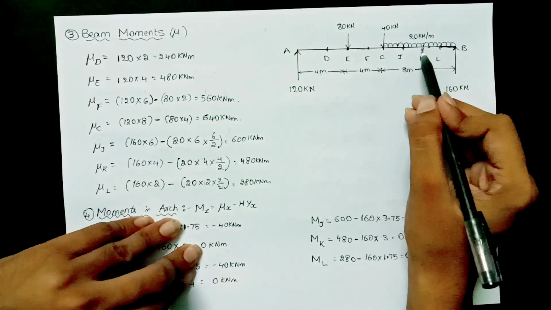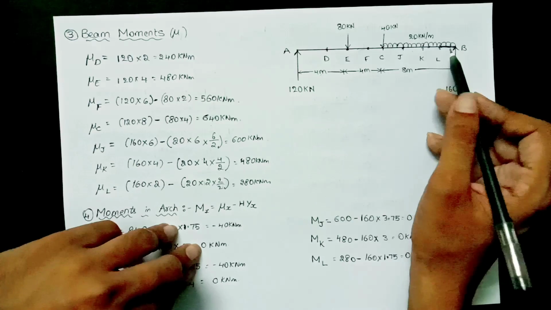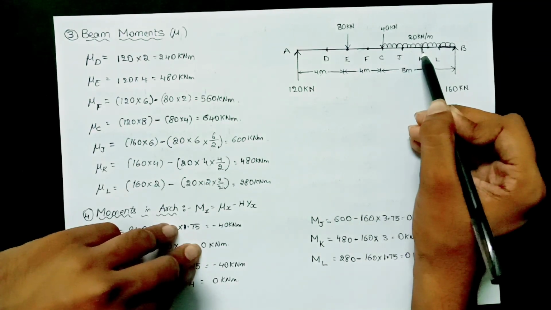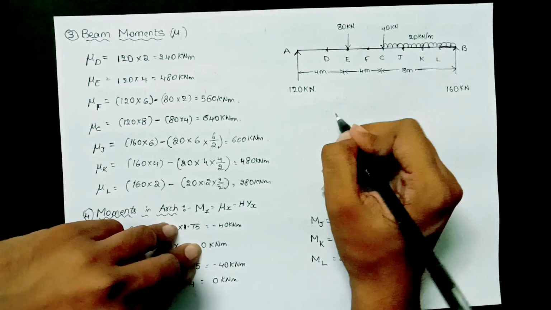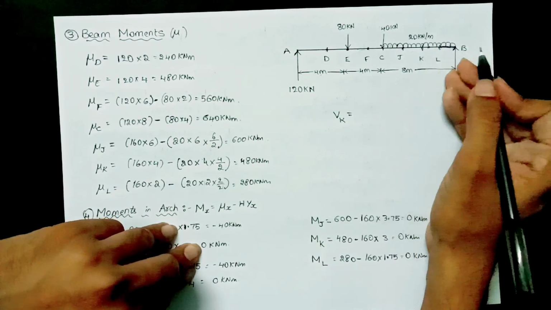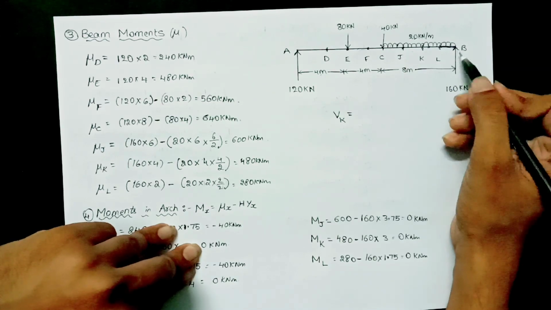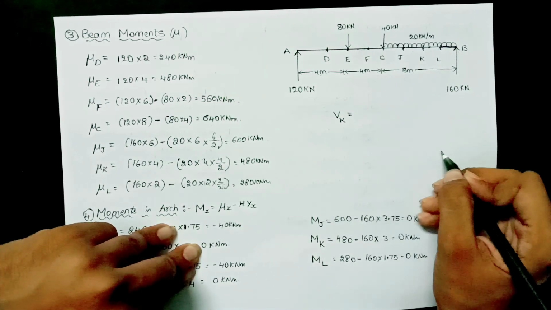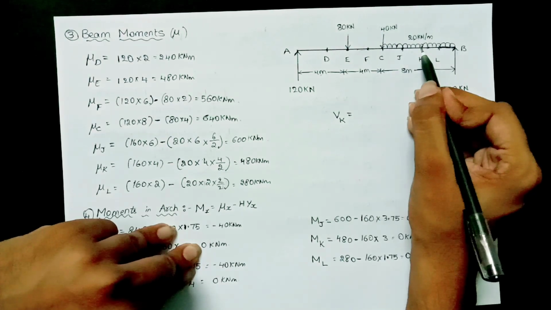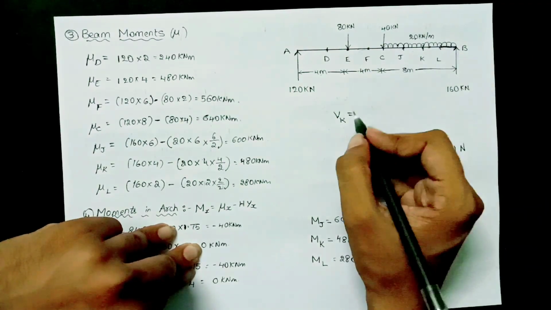Just for understanding, this is the simply supported beam I drew in the previous step, and this is K. Coming from the right side, we have an upward 160 kilonewton. The sign convention is right hand side upward negative.